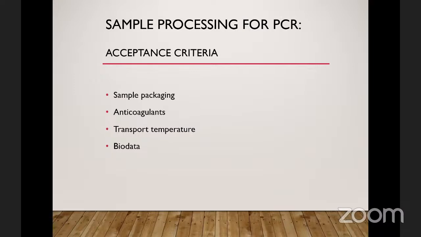So DNA is stable. But remember, it is not only DNA that we run PCR on, right? We are going to get to that. Even though PCR is designed to use DNA as the template, we still do PCR using RNA as a template. So in this respect, we have to be very particular about how we transport our samples to the laboratory.